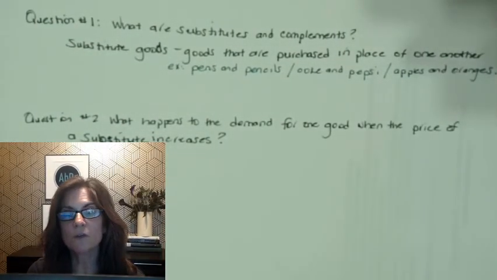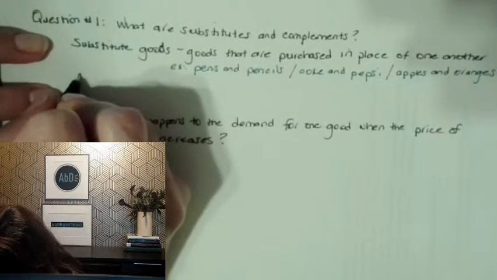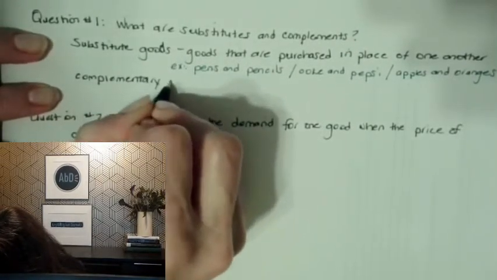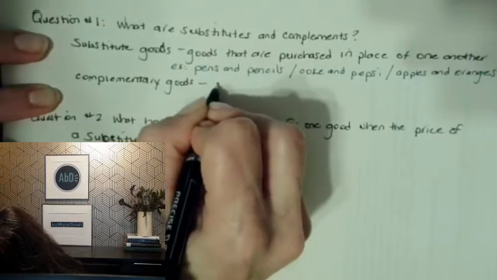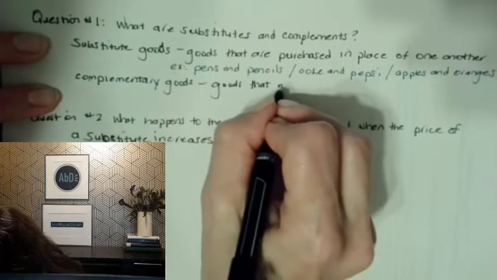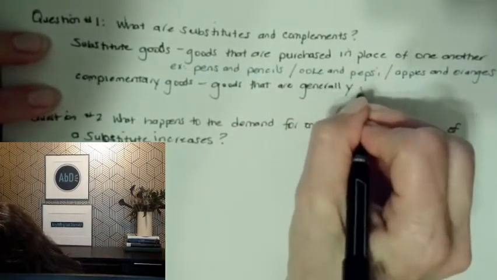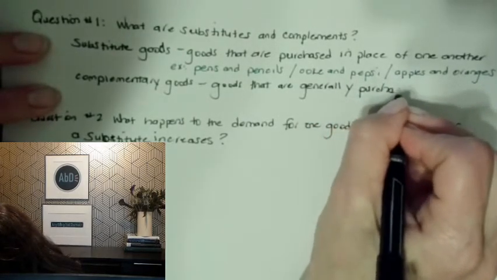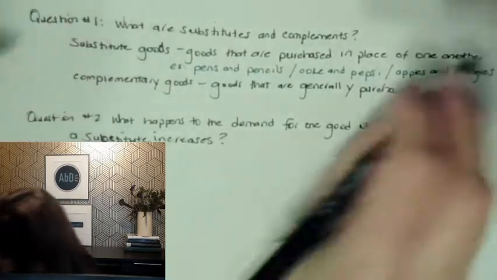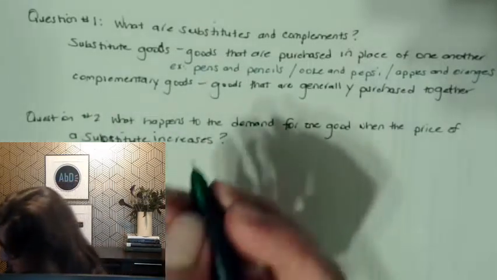Complementary goods, on the other hand, are goods that are generally purchased together. So examples of this, if you're still thinking about food, could be salsa and chips.